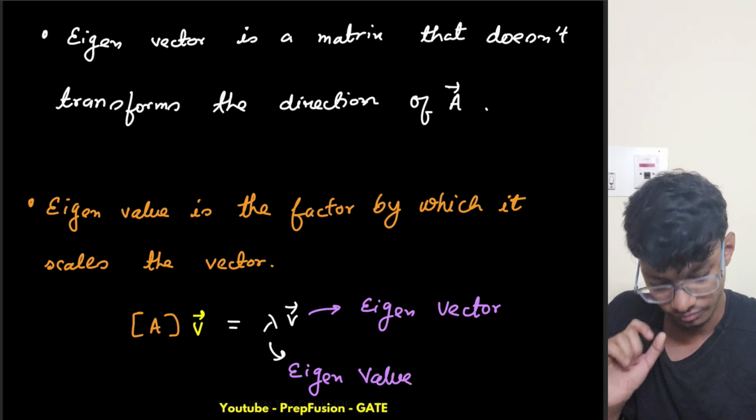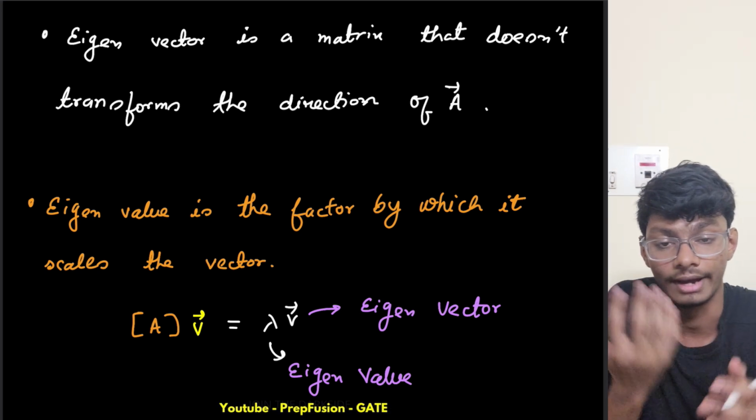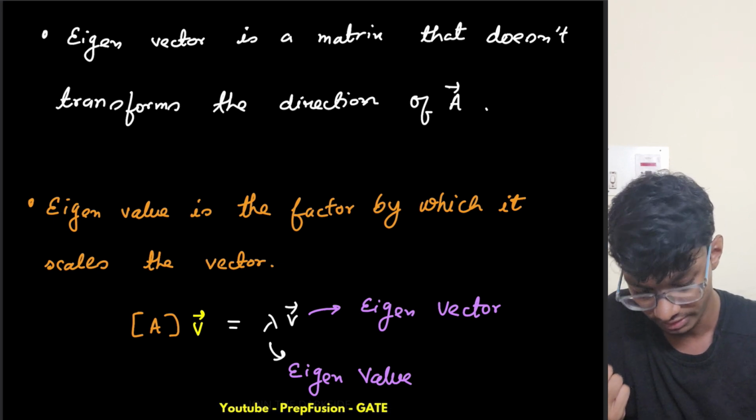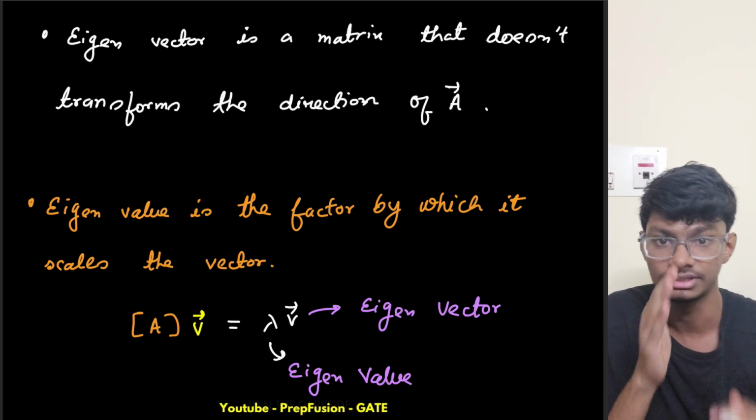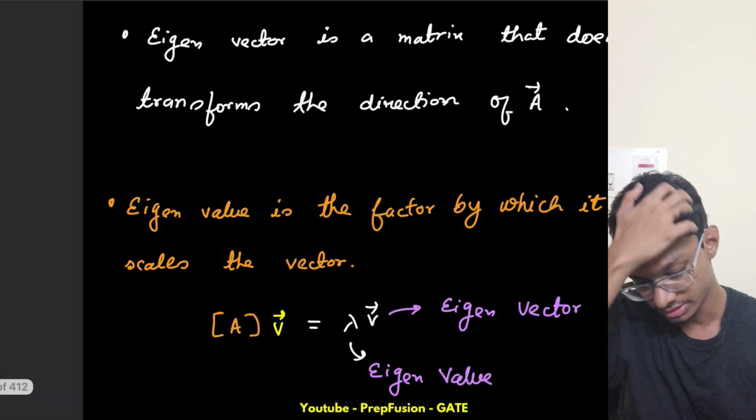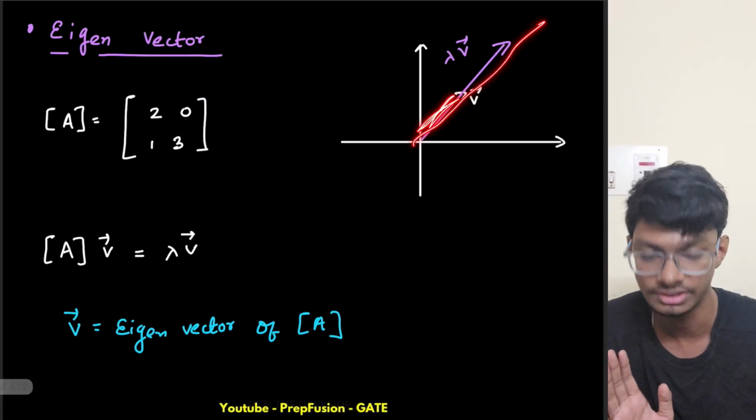Another definition we can say is that this vector v doesn't leave its span. It's in the same span, just as I explained. If it's in this direction, it stays in this direction only.